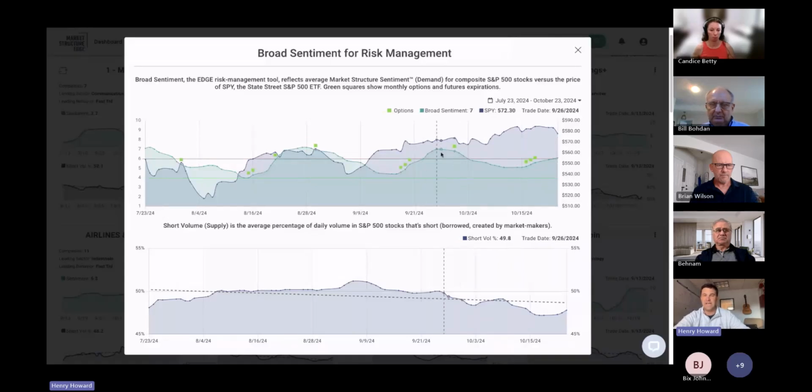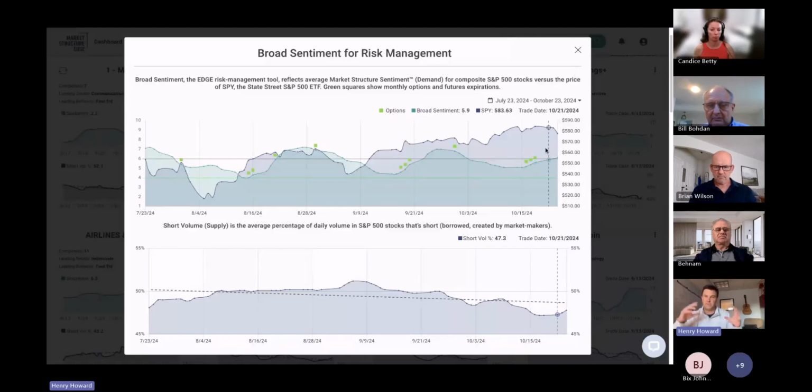So when I see a top up here at 7, and then through this next monthly cycle we're getting to 6.1 and we're sort of huffing, I know that that's not the best thing for upside. In addition, we see this increase in short volume supply. That would give me the indication that now's not the best time to put on longs.